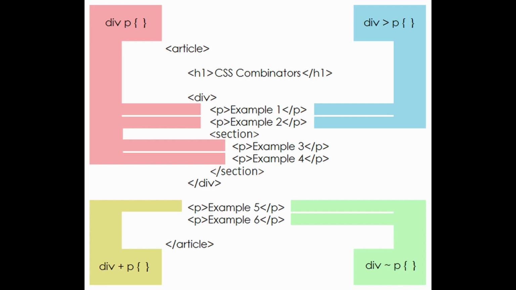The first one is the descendant selector. Any descendant of a parent element can be referenced using that symbol, and it is represented by a space. If you have a particular parent element, whatever is nested inside that parent element can be referenced using the descendant selector, which is a space. The next one is the child selector.